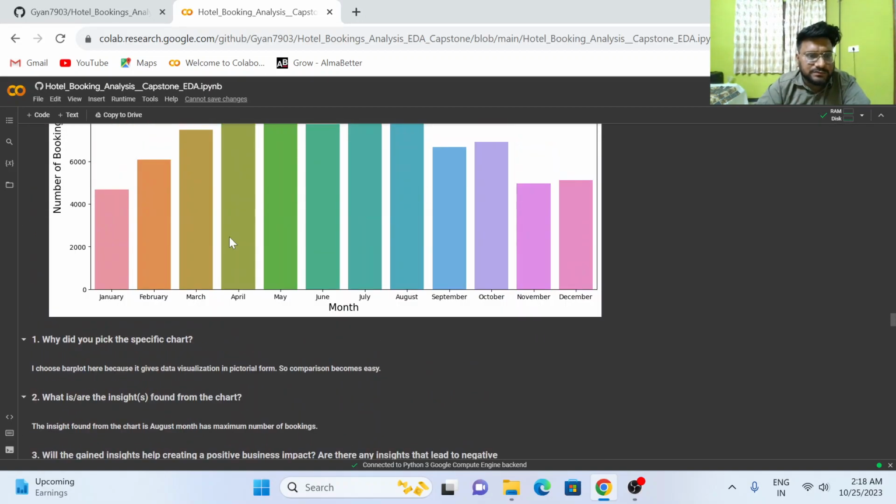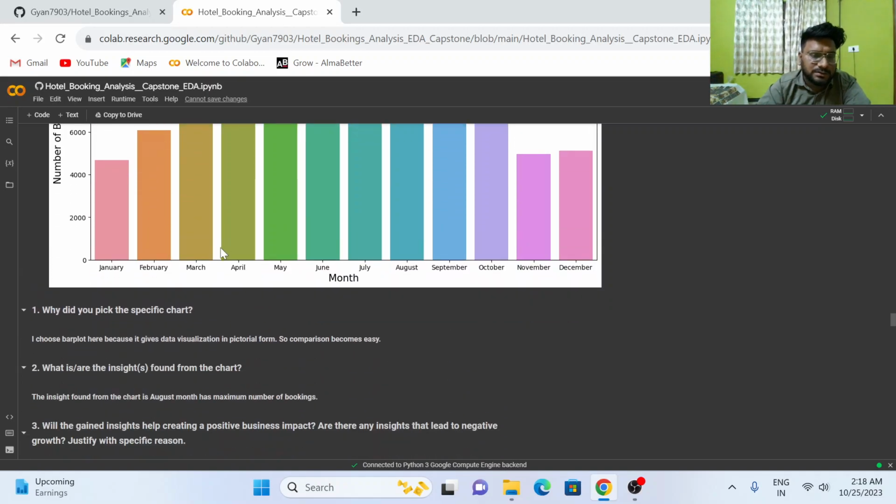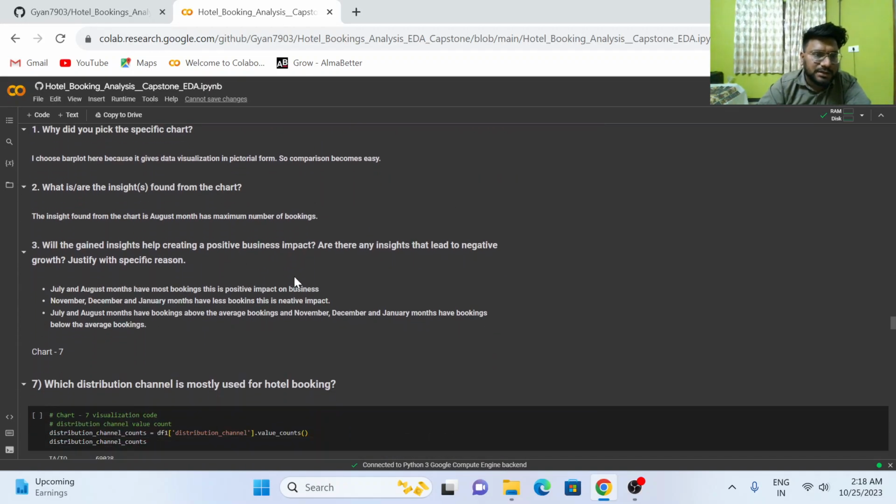So the insight from this analysis is that in the months of July and August we had the most bookings, and in the months of November, December, and January they had fewer bookings.